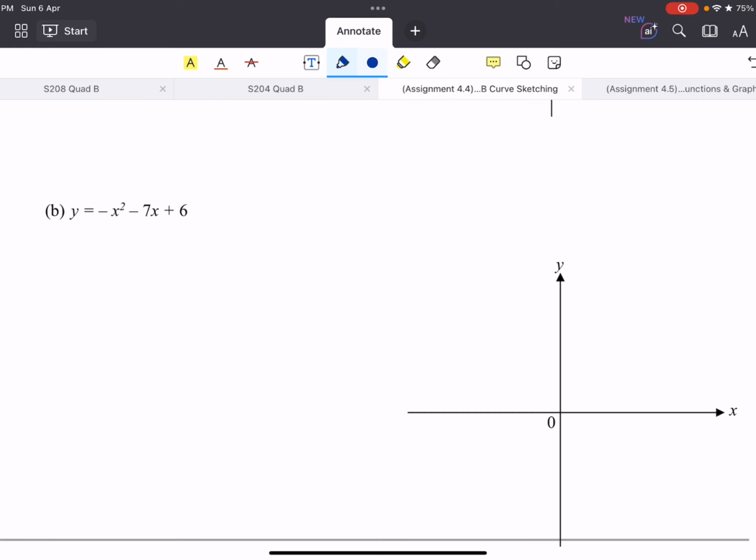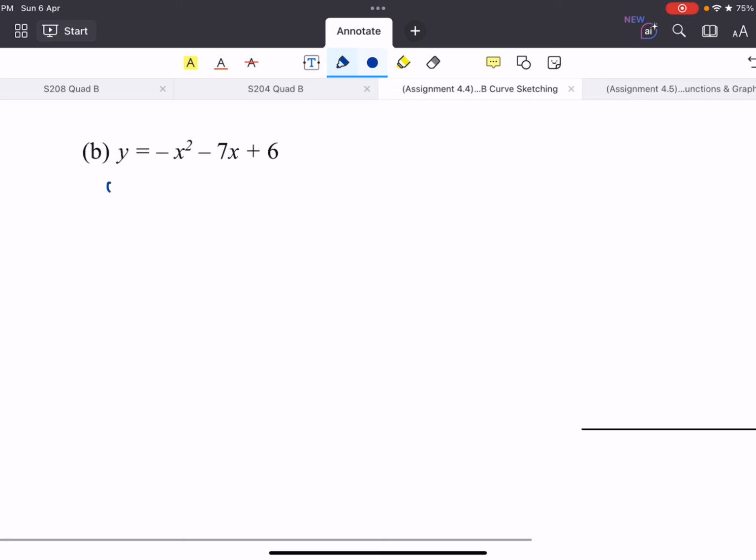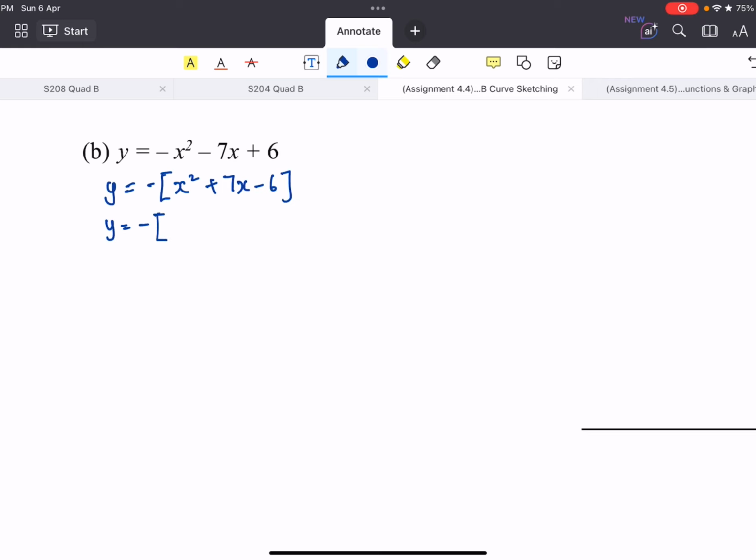One more example, this one. So we have y equals negative x squared plus 7x minus 6. So y equals negative x squared plus 7x plus 3.5 squared minus 3.5 squared minus 6. Negative, this will be (x plus 3.5) squared.